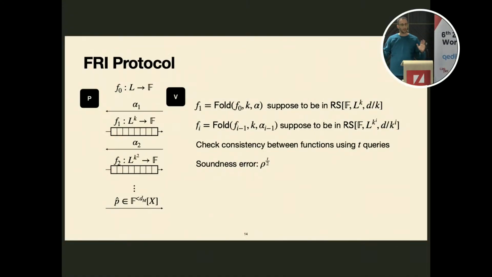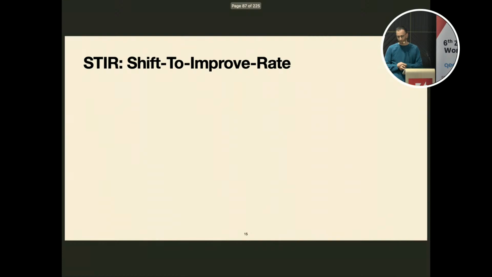This over 2 comes because it's actually the square root of rho, and rho is your rate. If the rate was 1 over 4, then you get this soundness. And if you choose rate 1 over 16, then you can perform fewer queries. So the rate gives you a trade-off between the number of queries and the running time of the prover, because if you have rate 1 over 16, the prover needs to send a much bigger evaluation domain. So this is roughly what happens in Phi.